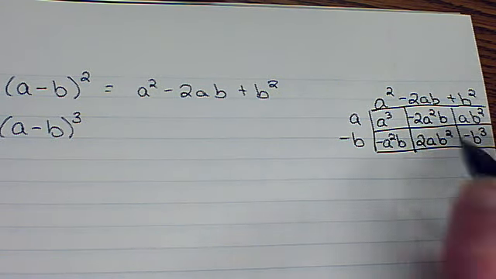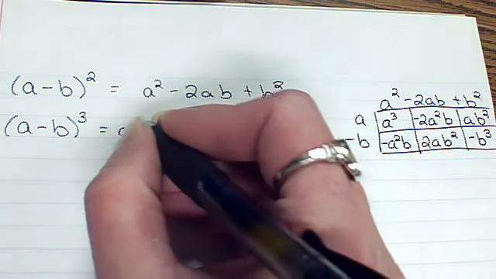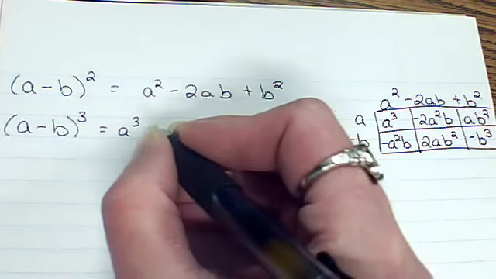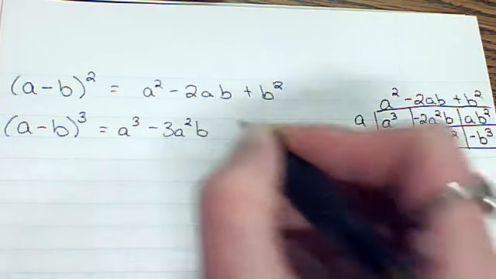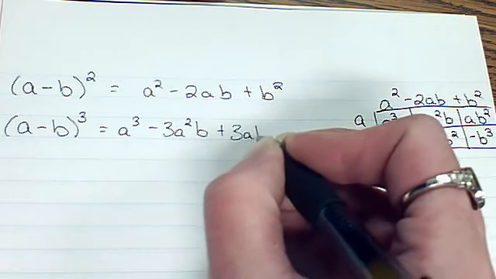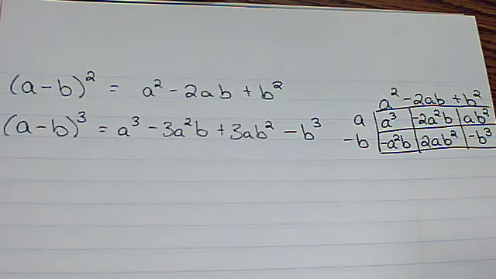Looks like my diagonals this time, this one's negative and this one's positive. So I've got a cubed minus 3a squared b plus 3ab squared minus b cubed. So it's kind of alternating.